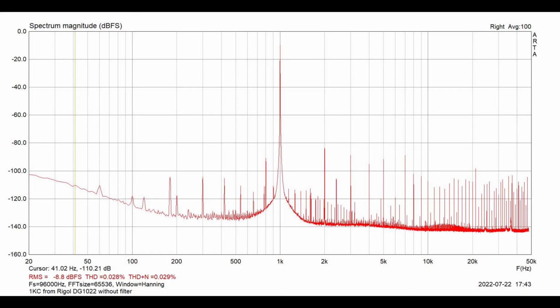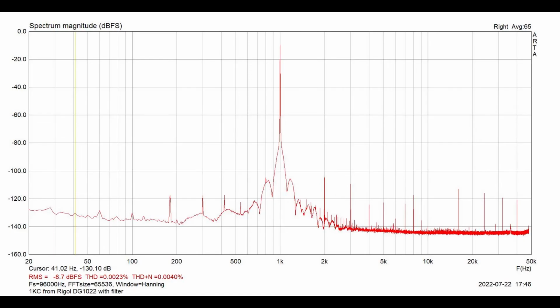Now what we have here are two screenshots. They were taken using the Arta Spectrum Analyzer software, and the external sound card is a Scarlett Solo 3rd generation. The first shot shows the results of the Spectrum Analyzer software before using the filter. We have a THD of 0.028%, which is pretty good. No two ways about that.